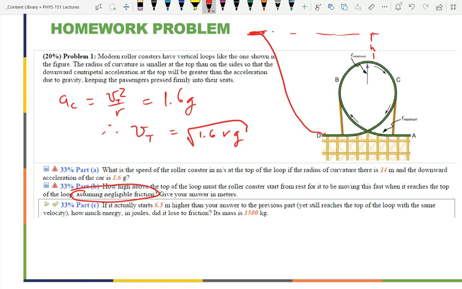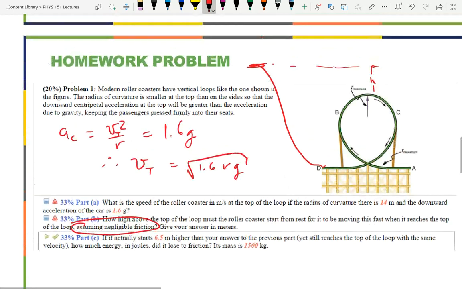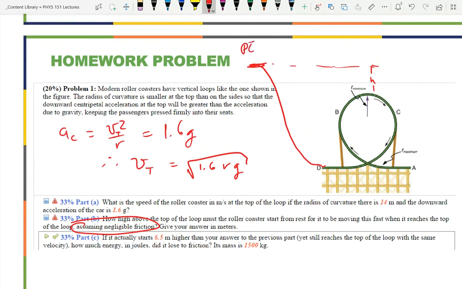What does that mean to me? No non-conservative work. Yay! Then I identify potential energy starting, kinetic energy starting, potential energy final, kinetic energy final.